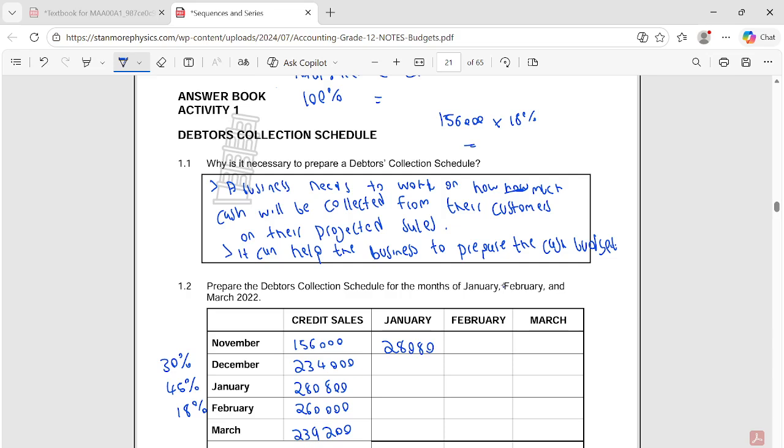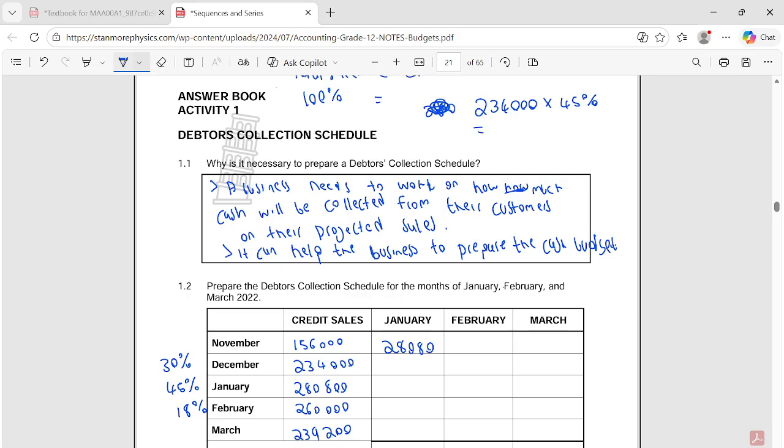So I'm gonna say, okay, for the month of January the debtors are gonna pay 45%, right? So I'm gonna take the credit sales for December, which are 234,000, multiplied by 45%, because this is 45% we're going to pay in the month of January.